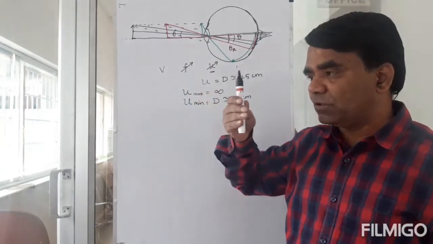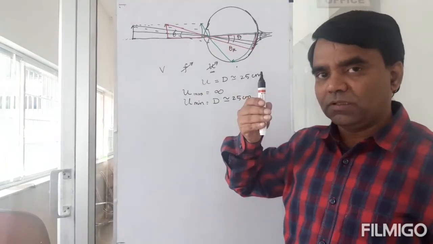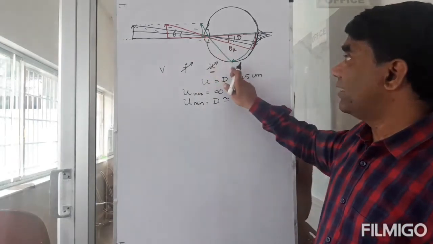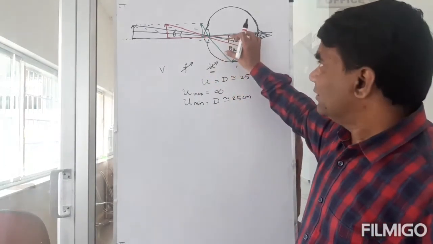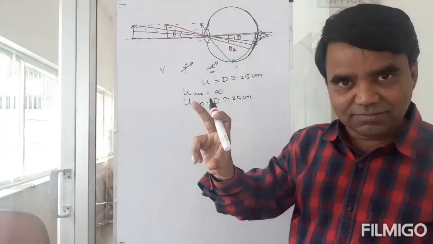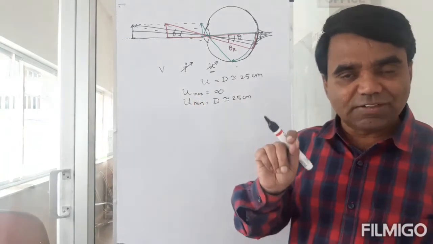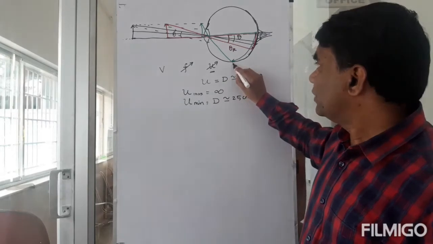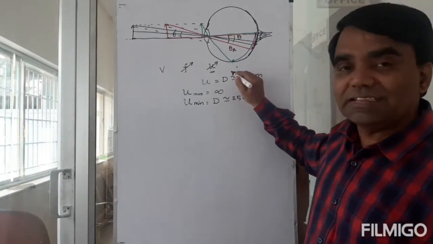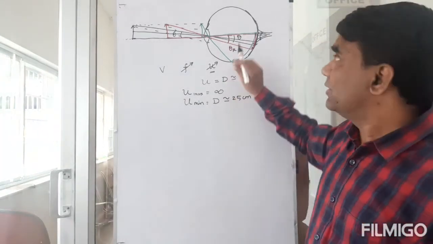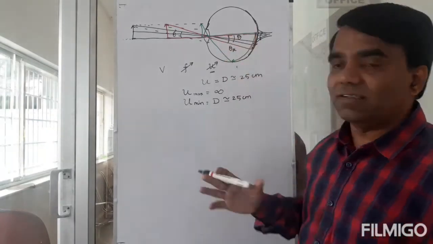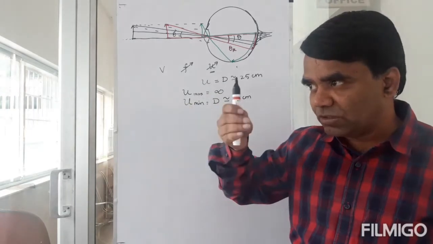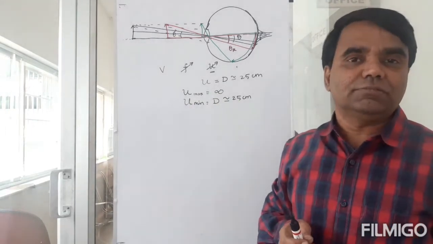But if you bring something closer than that, I cannot see clearly, even though they make a bigger angle. There is this advantage of the bigger angle, but the disadvantage is the rays not being focused at this point, but somewhere else. So the advantage I gain in the angle is lost when I bring objects closer than 25 centimeters.